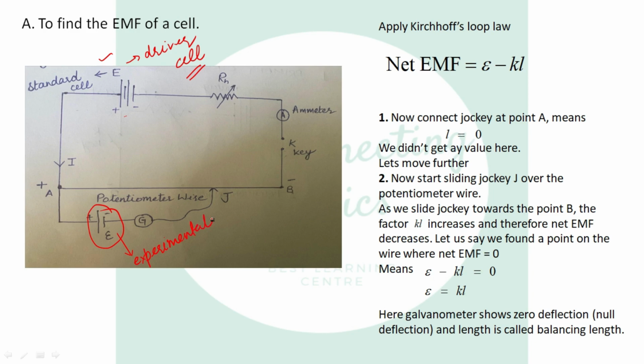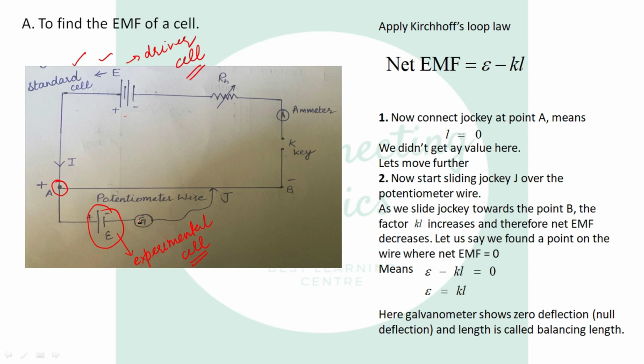Using this primary circuit of the potentiometer, always remember: the positive terminal of the battery, the positive terminal of the standard cell, and the positive terminal of the experimental cell should all be attached at point A. So point A will be at positive potential.